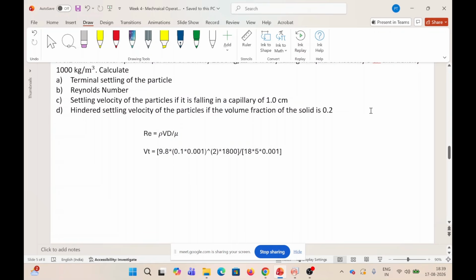So can you let me know what is the value of terminal velocity? I have given the expression and the values are substituted.